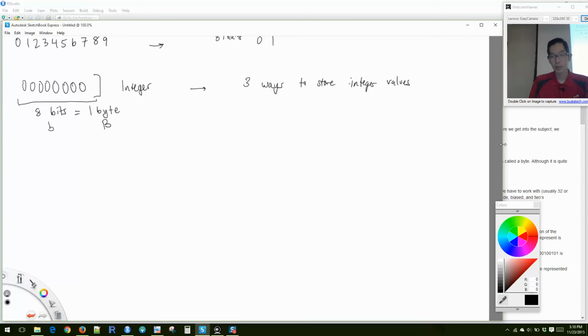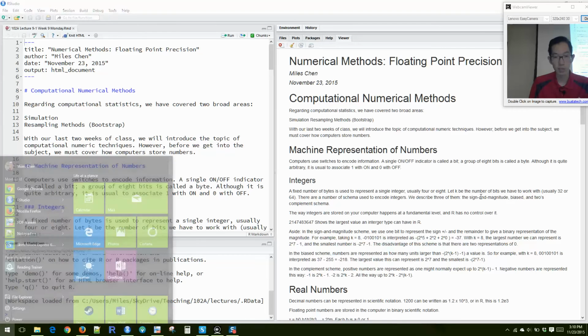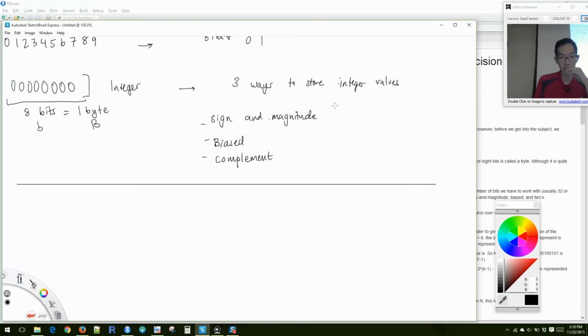We have the sign and magnitude, we have biased, and then we have a complement scheme. These are all different schemes for ways to store integer values.